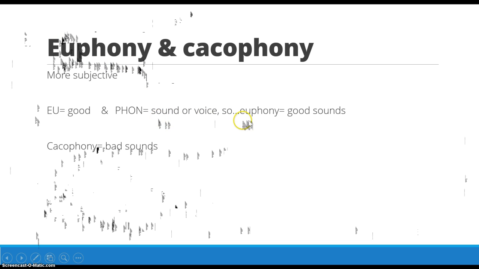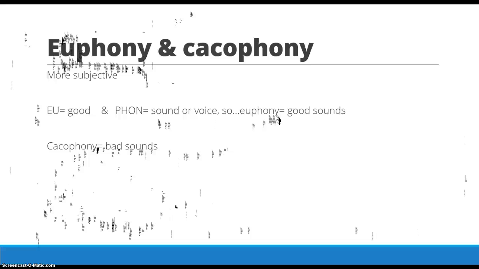So put them together, folks. Euphony means good sounds. Good, pleasant, musical sounding poetry. You could describe the euphony of the poem if it sounds nice and pleasant to you. The opposite of that is, of course, cacophony, which would be bad sounds. If it sounds jarring and stressed and all over the place and gross, you could describe the cacophony of the poem.